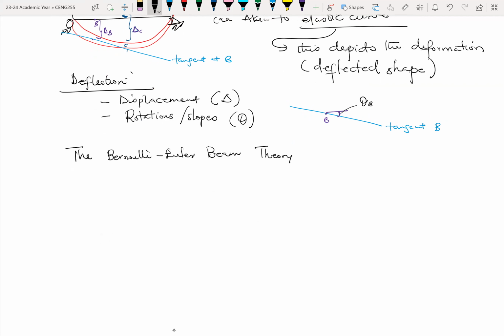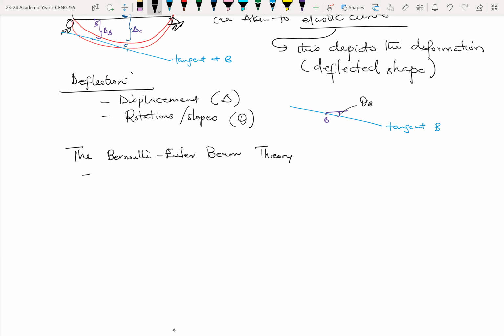Based on that theorem, we can develop other terms. The Bernoulli-Euler beam theory is what is used to help us develop other methods that can be used to calculate deflections.